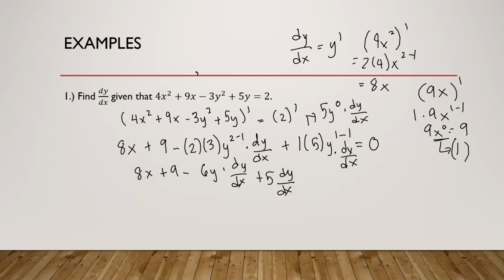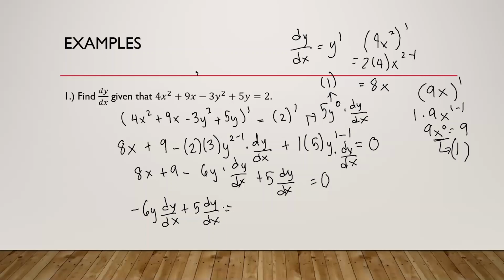Kaya naging 5 lang siya kasi yung y to the 0 natin ay 1. So, equals to 0. So, ngayon, ipagsasama na natin yung dy over dx. So, negative 6y dy over dx, tapos plus 5 dy over dx.